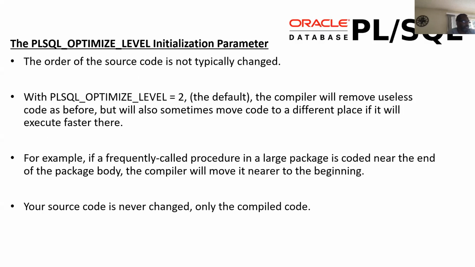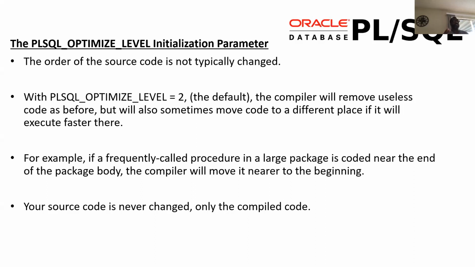If it's set to 2, which is the default, the compiler will remove useless code as before, but it will also move code to different spots. So basically, all that means is that, let's say you have a package with subprograms and one is being called more than the others.